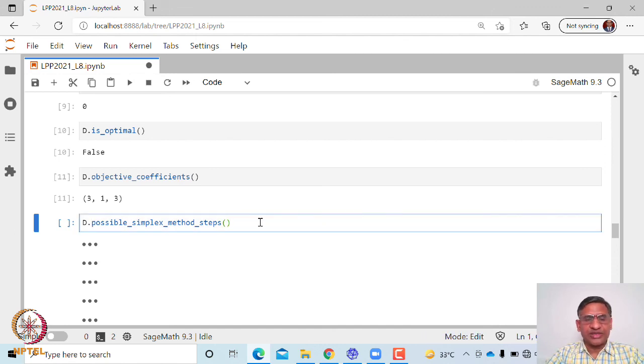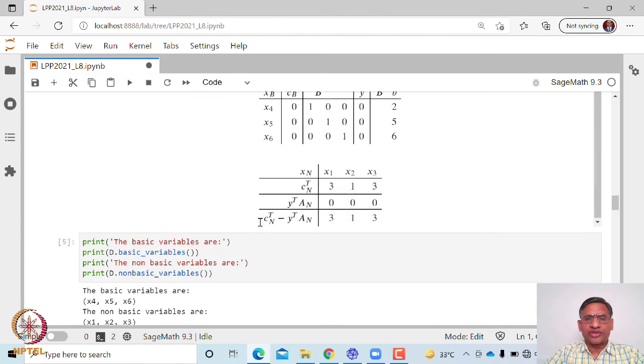In this case we are dealing with a maximization problem, and the reduced cost coefficients are all positive. In the case of a minimization problem, the reduced cost coefficients should be non-negative for optimality, but in the case of a maximization problem, all the reduced cost coefficients should be negative to get the optimal value. Since here all are positive, the solution is not optimal, so you have to choose the one which is most positive.